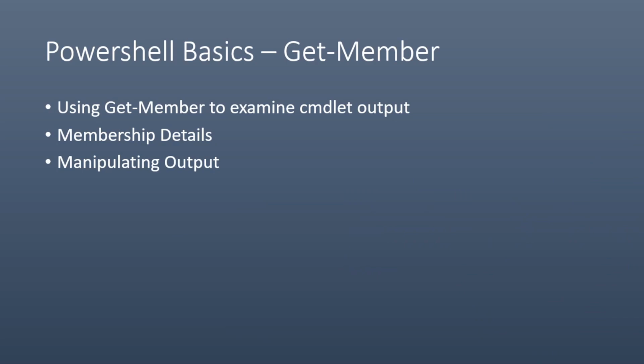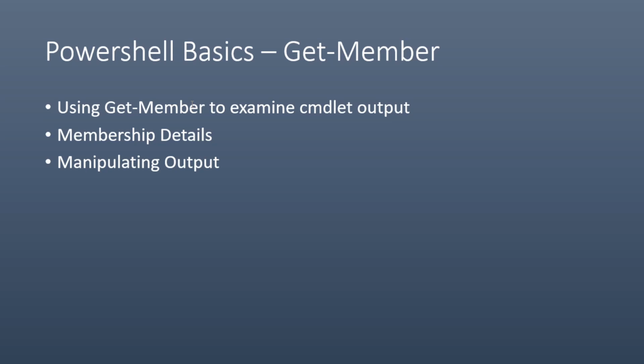All right. So again here, using Get-Member, it's next to Get-Help, probably the most popular cmdlet I think I use. So Get-Member is a very common one when you're trying to figure out what a cmdlet is producing for output and what's in your pipeline, knowing if you can pass that to another cmdlet or not.